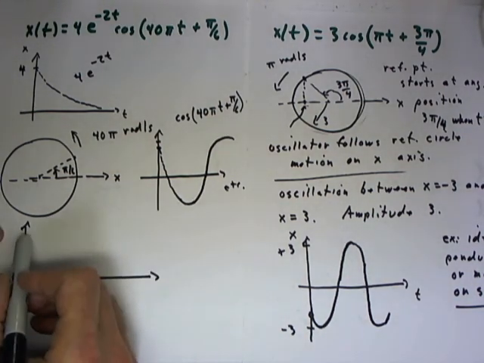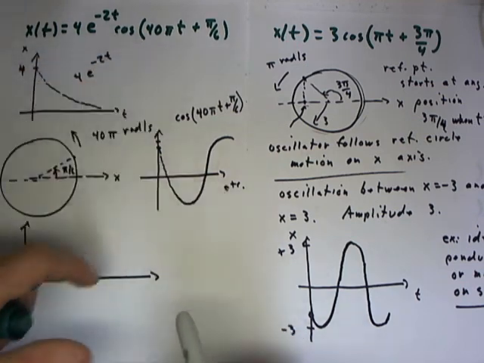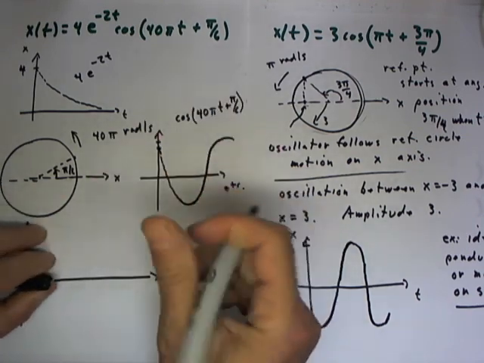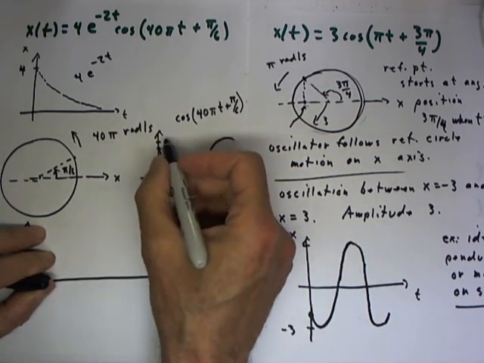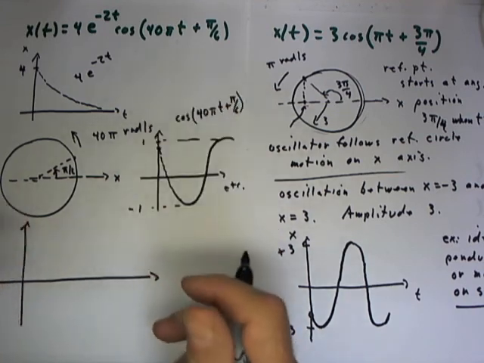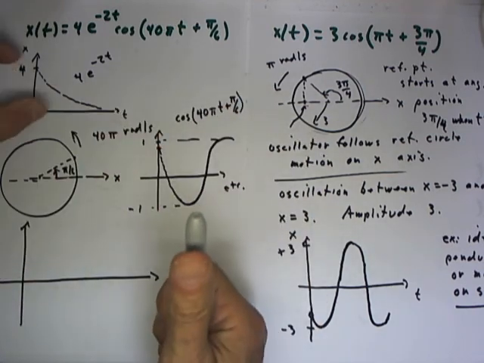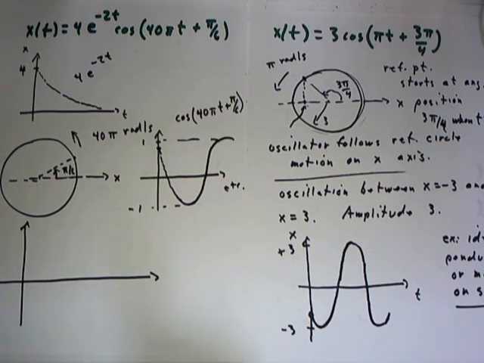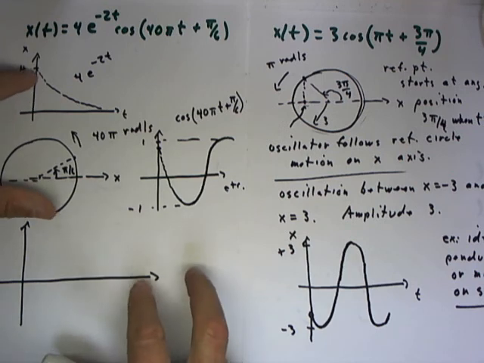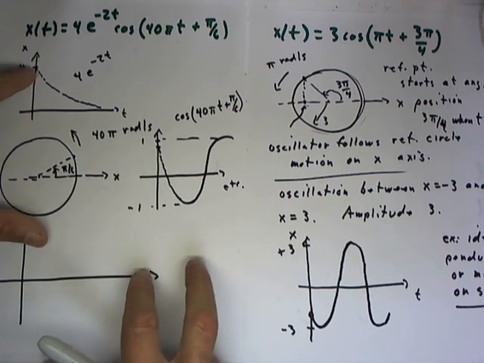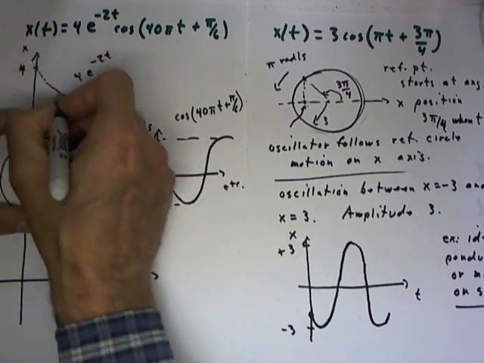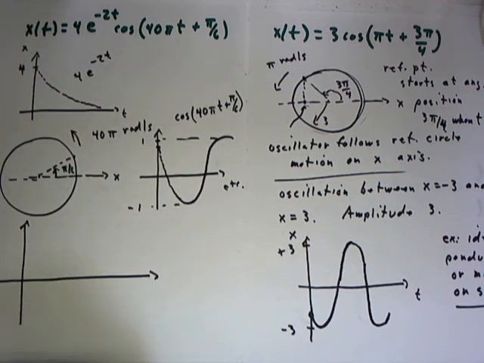The function that we get when we combine these two, well, we're multiplying this by this. The cosine function has an amplitude of 1, so it's going to go down to negative 1 and up to 1. When that's multiplied by this function, then when the cosine is at its minimum or maximum value, we're going to be at a value that corresponds to the distance of this function from the t-axis.